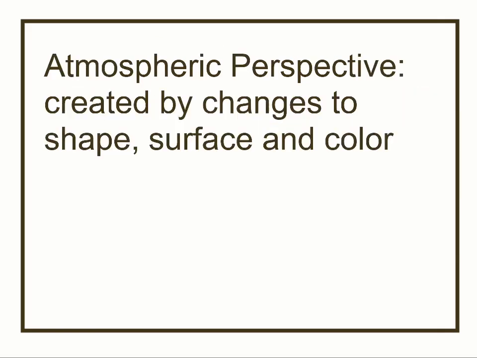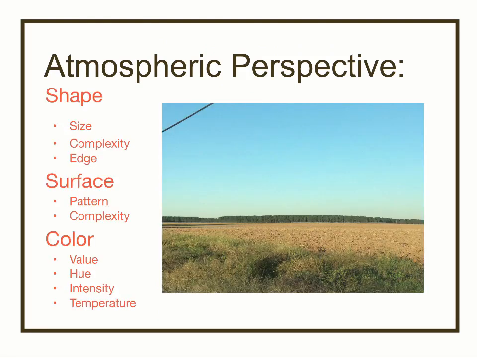So atmospheric perspective, again, is created by changes to shape, surface, and color that are the effect of atmospheric particles, whether it's dust or humidity or any of those other things. What happens to those three elements is what creates that strong sense of depth.